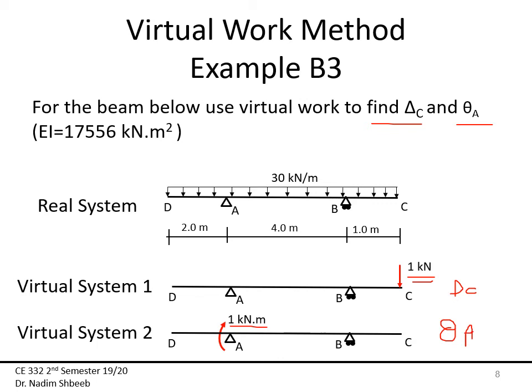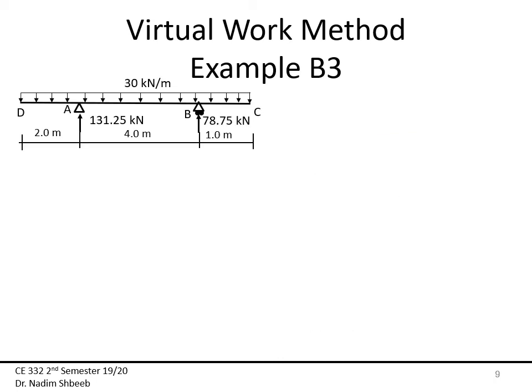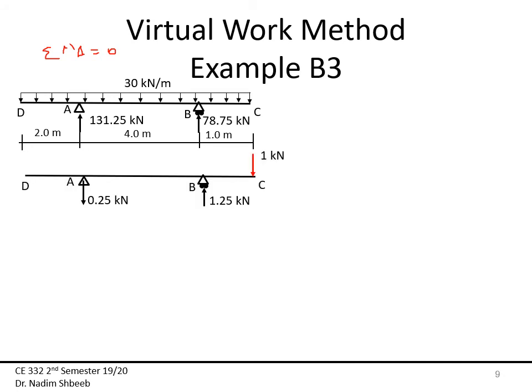So I'm going to use the same approach. I'm going to find the reactions for this one, and at this point in time, you really should know how to find the reaction. Take the summation of moment at A equal to 0, and from it you find By. Then summation of Fy equal to 0, and you get Ay. We do the same thing for the virtual system.